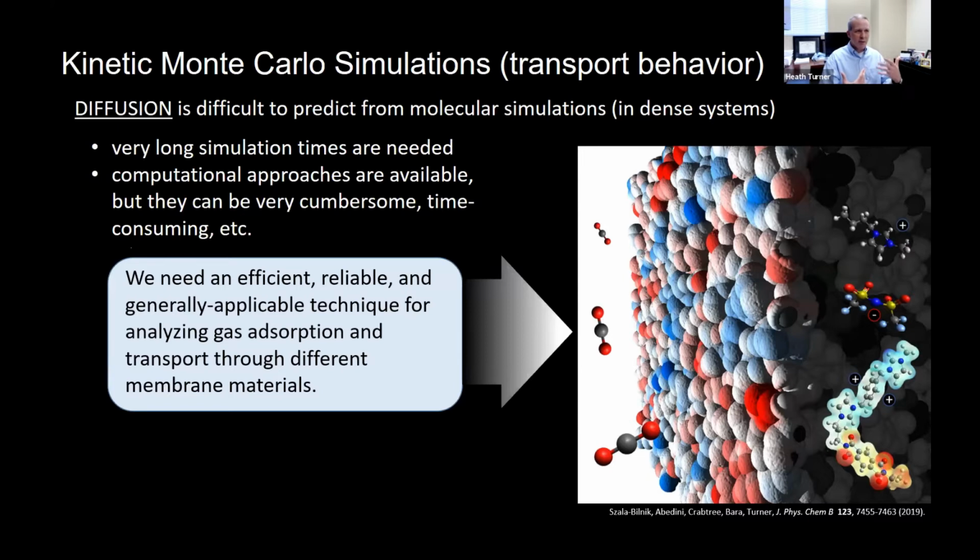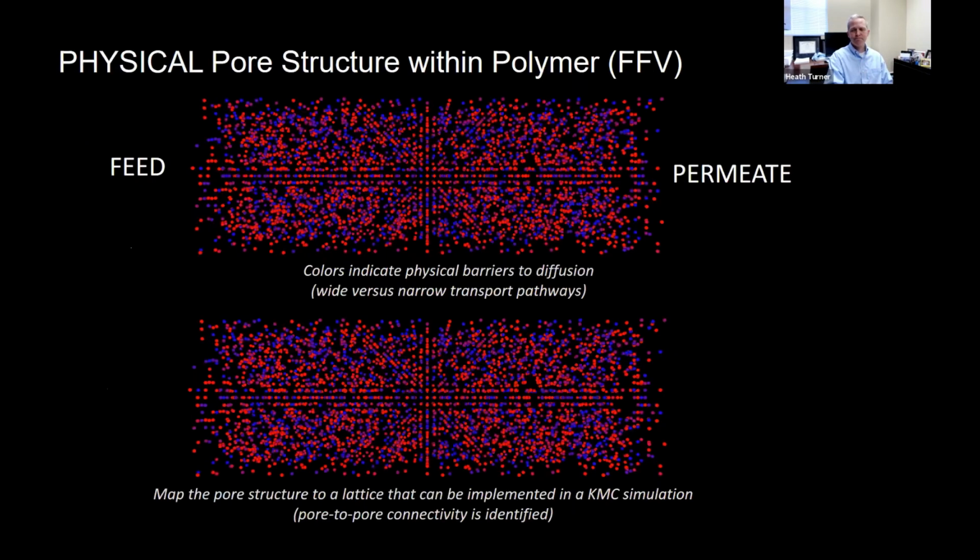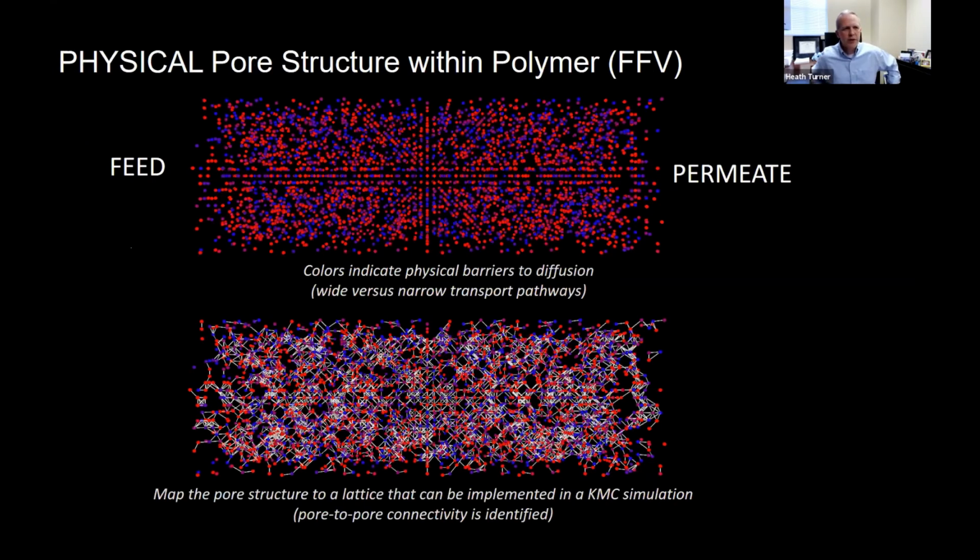Even though you might have a better adsorbent for gas molecule A versus gas molecule B, that membrane or that polymer may not actually perform better because there may be some other limitations to the system. So we're trying to wrap all of this together within a kinetic Monte Carlo model to capture all of these steps.